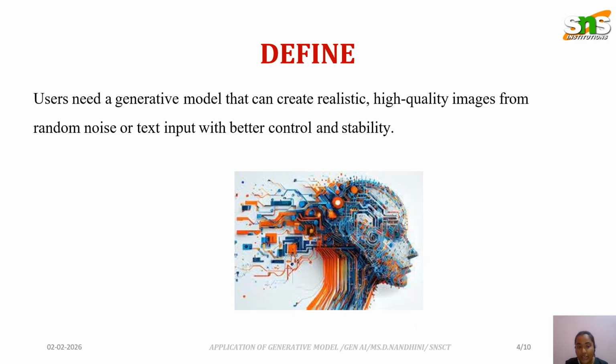That means identifying a gap in existing data or solutions. This problem may be a lack of data, creativity limitations, or personalization issues. For example, the need for realistic training data, the need for faster content creation, and the need for accurate medical diagnosis support. These are some problem identifications for the applications of generative AI.